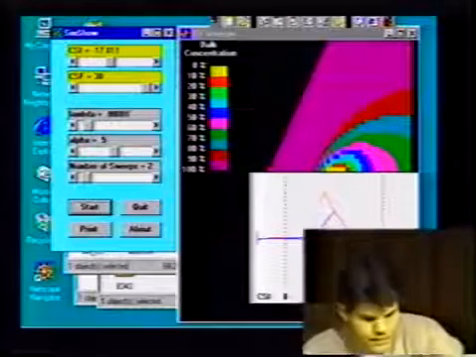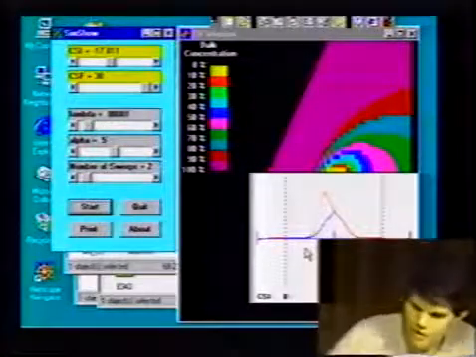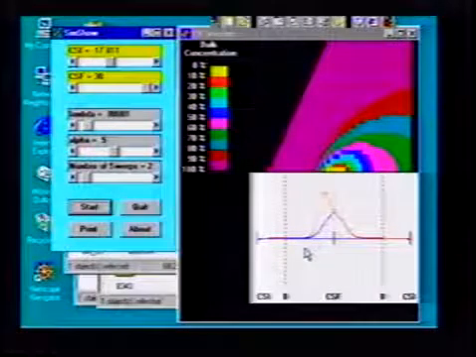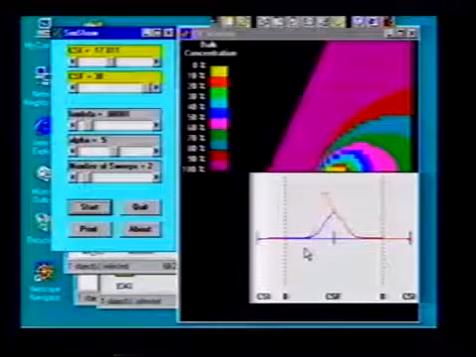All right. Now, one other thing I want to talk about, although it's a little bit advanced, but I want to bring it up because we see this a lot in voltammetry.